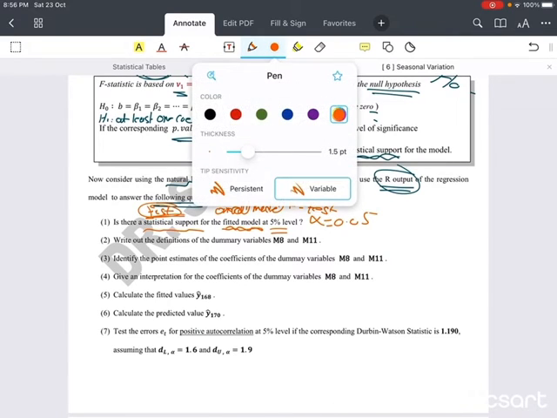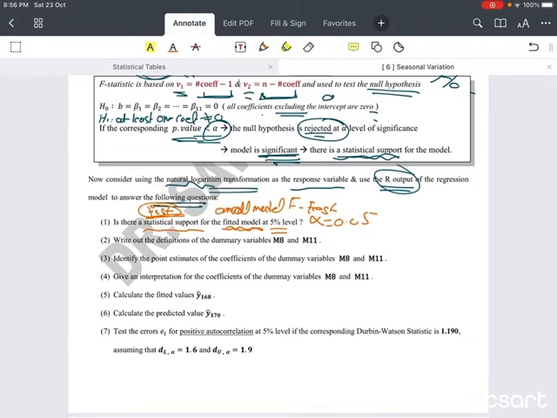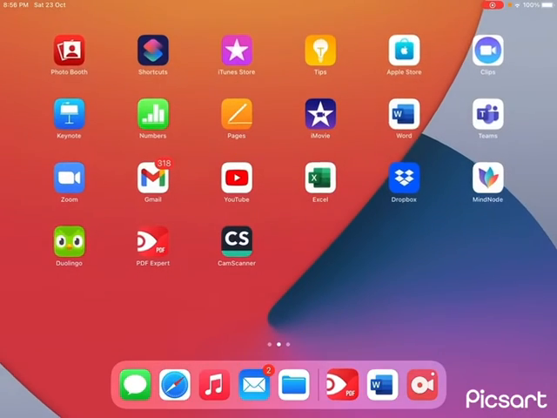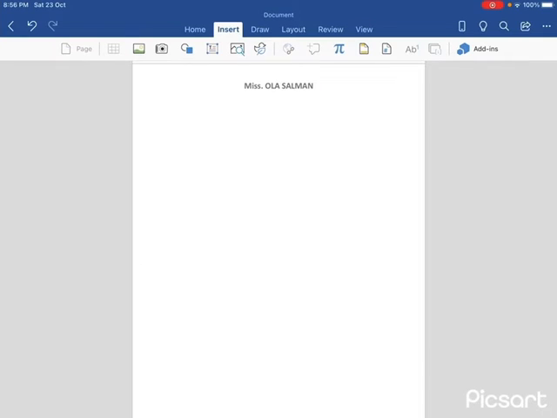Write out the definitions of the dummy variables M8 and M11. This one is very easy. You will just write the definition of the dummy variables.